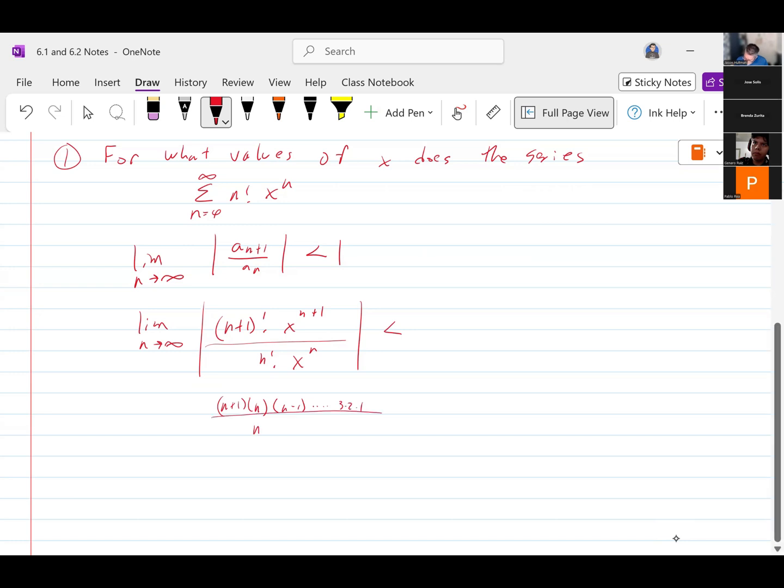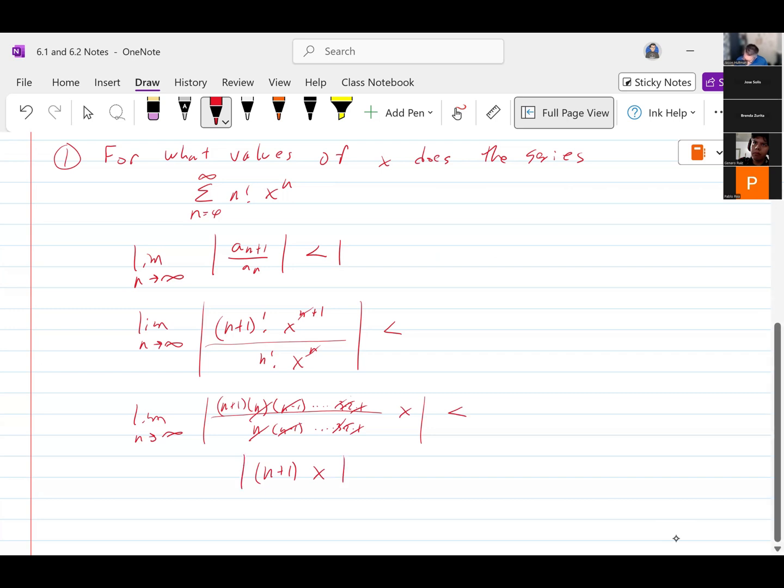The n factorial is n, n minus 1, dot dot dot, 3, 2, 1. This x to the n plus 1 over x to the n just becomes x to the first. So it kind of cancels, and what we are left with, these all cancel, and we've got n plus 1 times x.